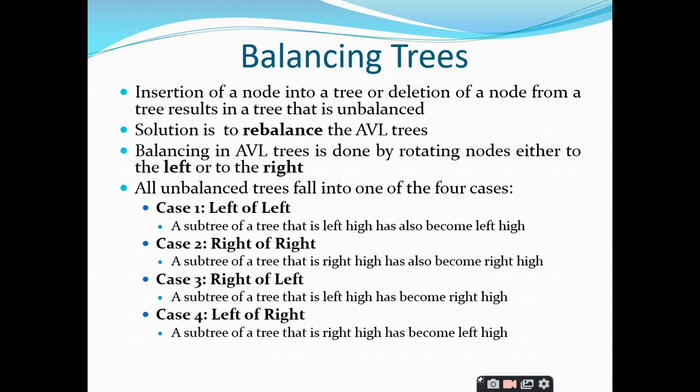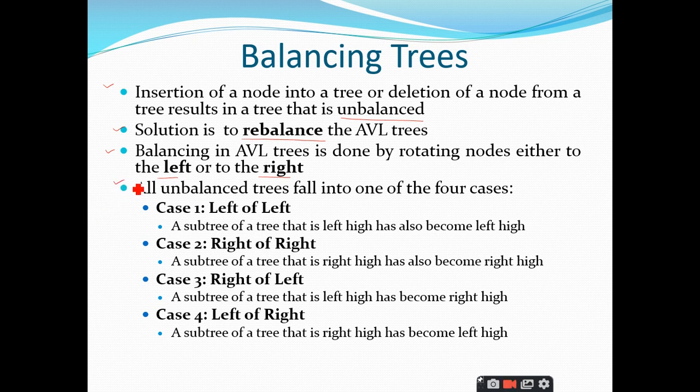So this is what we discussed here. Insertion of a node or deletion of a node from the tree results in a tree that is unbalanced. The solution is to rebalance the AVL tree. The balancing of the AVL trees is done by rotating the nodes either towards the left or right. These are the actual rotations. So either you rotate it to the left hand side or to the right hand side.